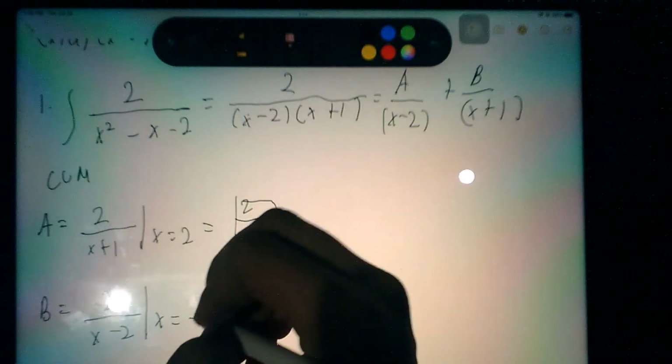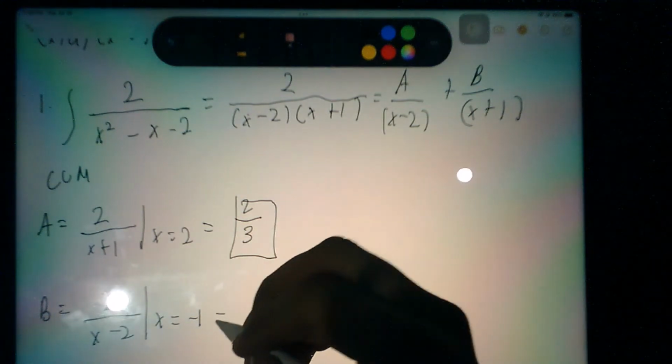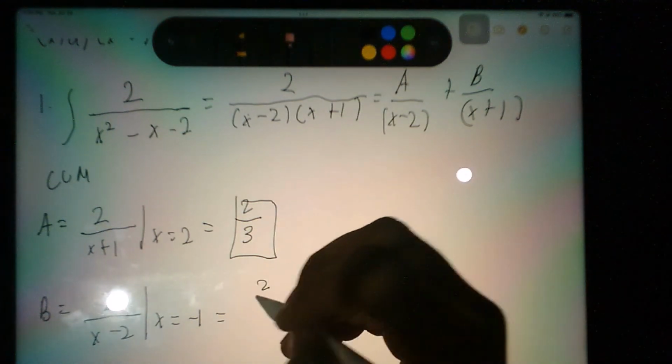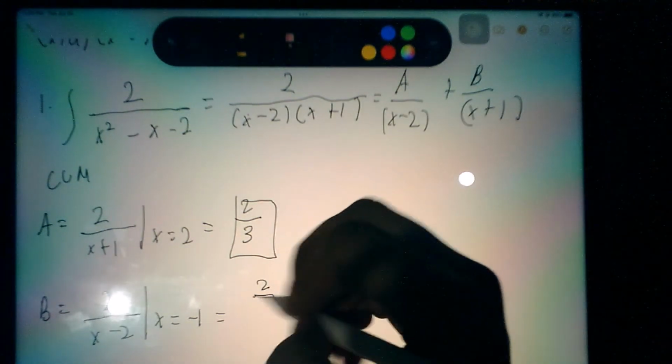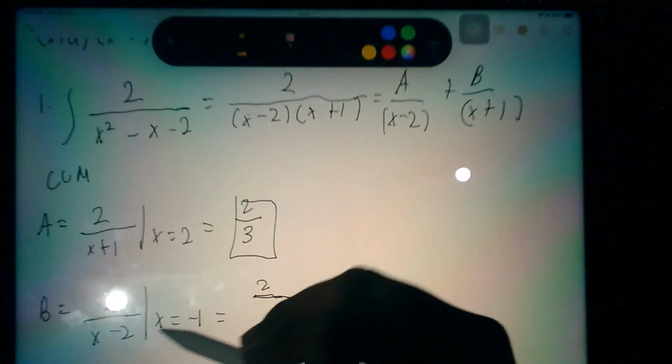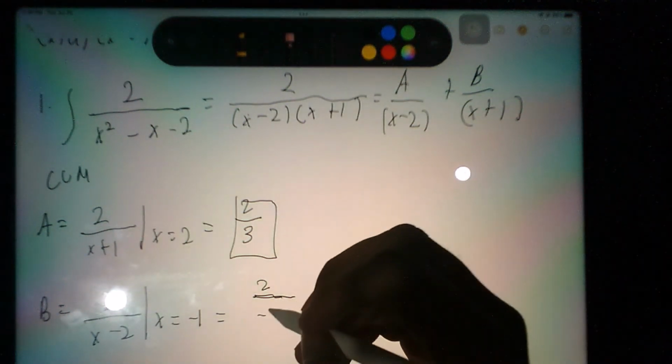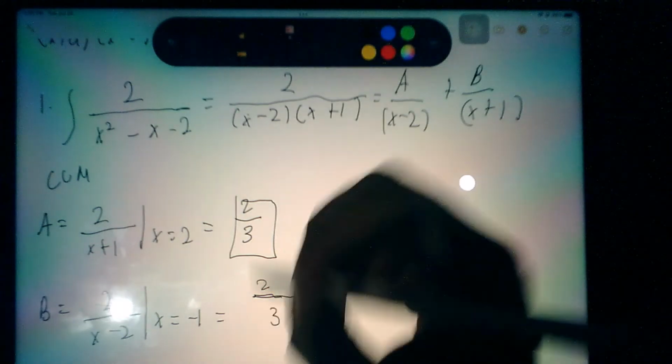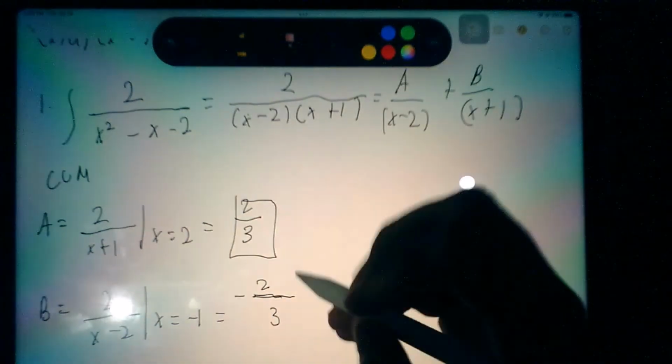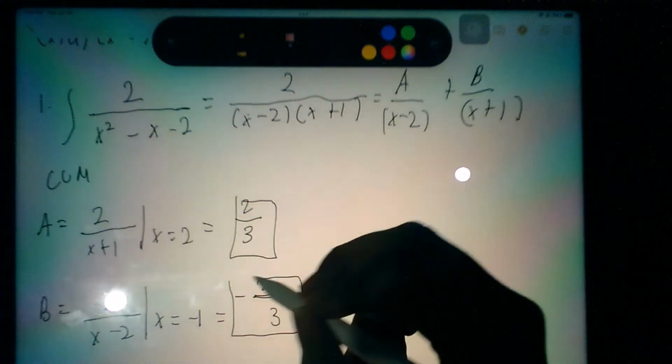Let's put negative 1 here. This will equal 2 over negative 1 minus 2, which is negative 3. So our answer for the value of b is negative 2/3.